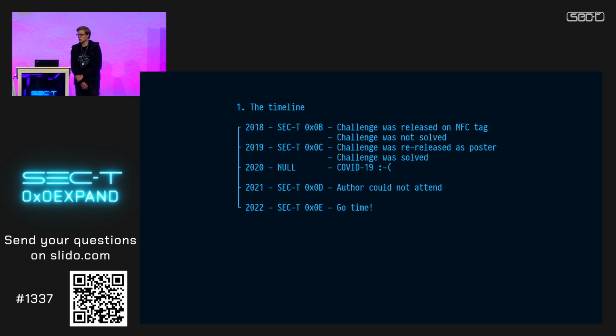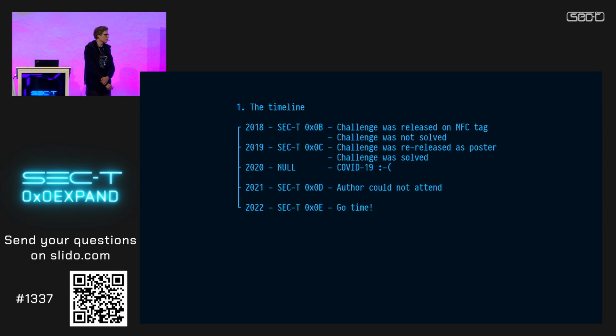Then SecT Compute came around with its own badge challenge, but the old one was also re-released in poster form. And this caught my attention. I tried my hand at both challenges, but didn't get very far on either one. But then half a year later, around the time the Spring Pub would usually be held, it occurred to me that my new employer might not want to pay for my ticket for SecT next year.